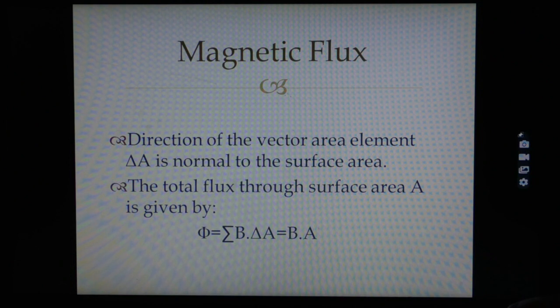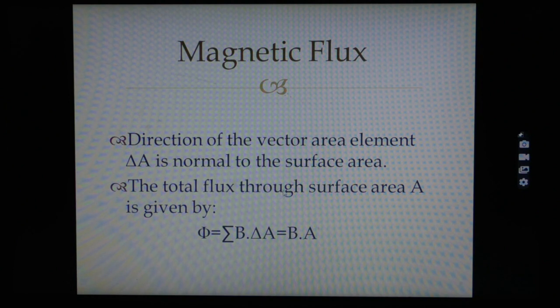How to find the total flux? For this purpose, we introduce here sigma, as sigma is the sign of summation. So it means the total flux through the surface, when we divide the total surface into a number of small patches, and then we calculate B dot delta A for each surface, and then in the end we add all the fluxes for first surface, second, third, fourth and so on.